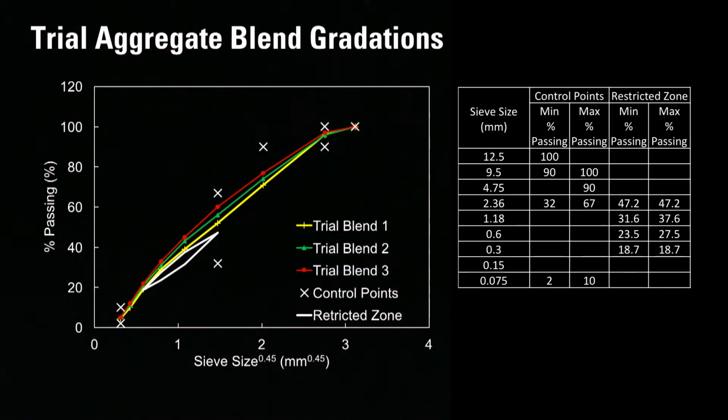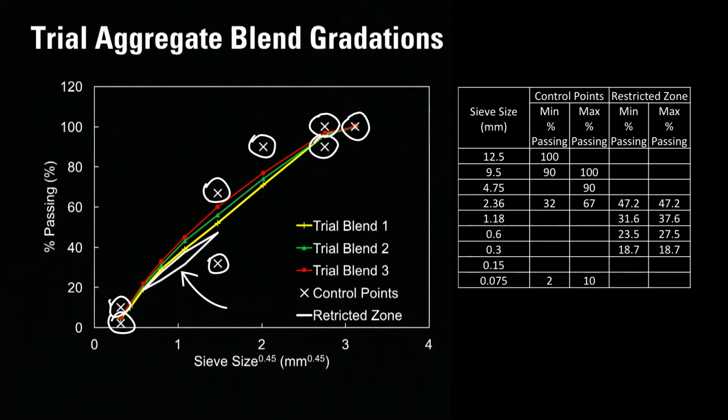The graph on this slide shows our percent passing versus our sieve size raised to the 0.45 power. We see our three gradation curves plotted along with the Superpave specifications. Superpave gradation specifications include control points, which are points where the gradation must pass through, denoted by the X's on the graph, and a restricted zone, which the gradation curves must fall outside of.